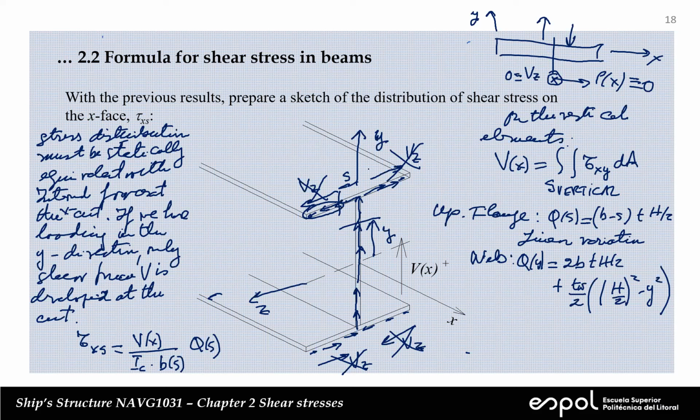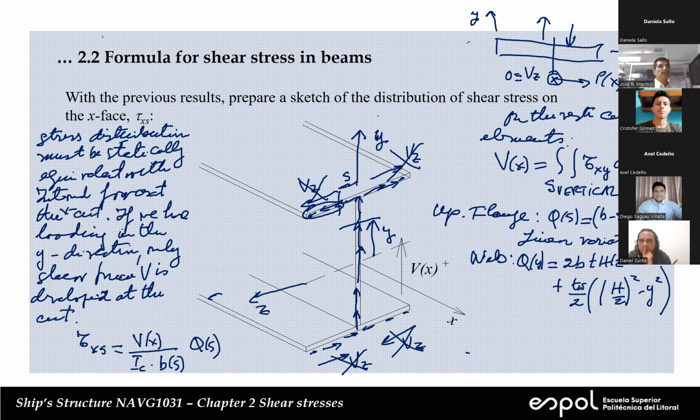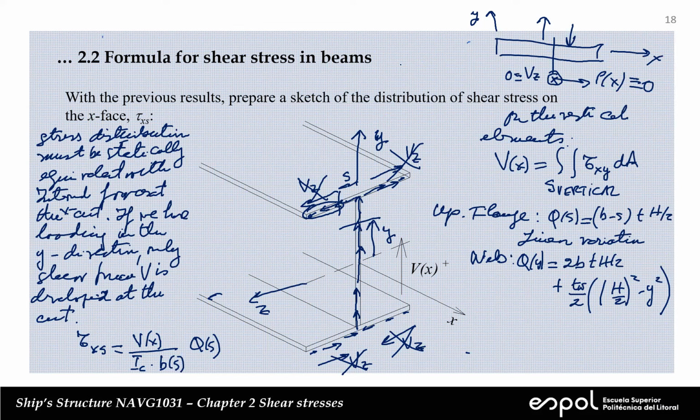So here in this section, instead of applying the shear force, we are converting that into a distribution of stresses. Since we have no shear force in the Z direction, we have to see that the integration of the stresses in the Z direction gives you zero. Otherwise we will have no equilibrium. And this is what we see here.